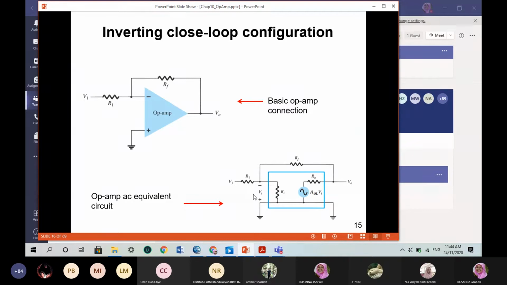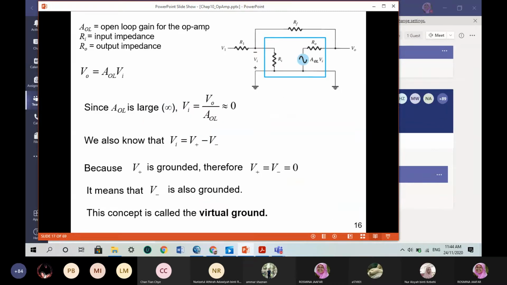So this is the AC equivalent circuit for this simple closed loop arrangement, with open loop gain AOL, Ri the input impedance, and Ro the output impedance.